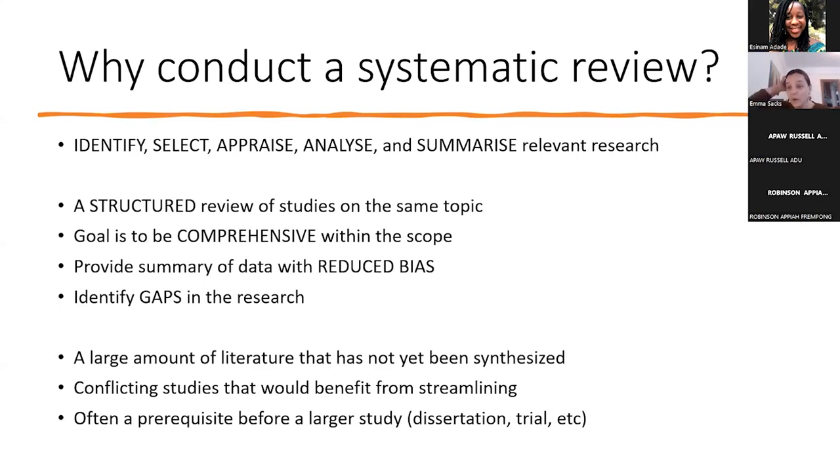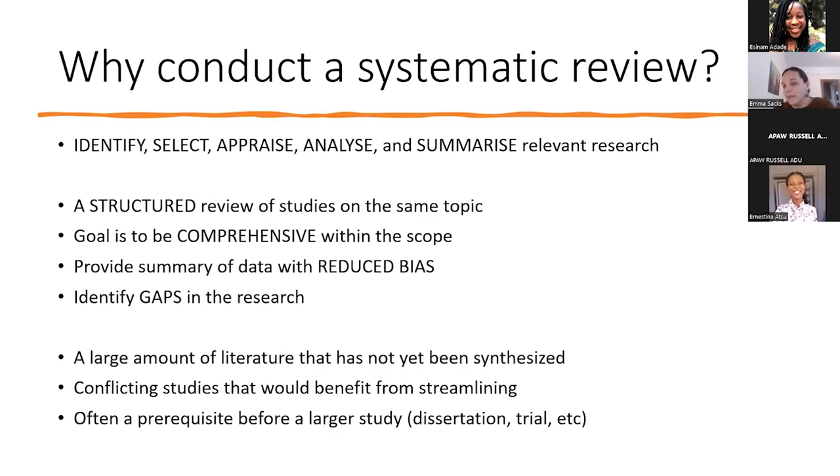When would you do these or why would you conduct this kind of review? If there's been a large amount of review of literature on a topic that has not been summarized or synthesized, or has not been done recently, right? There may have been a review a long time ago, but there's a lot of new data and that hasn't been synthesized. If there are conflicting studies, right?